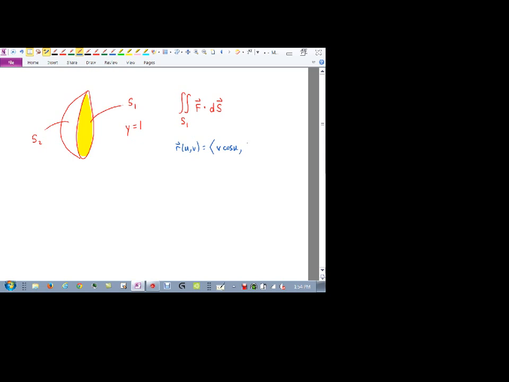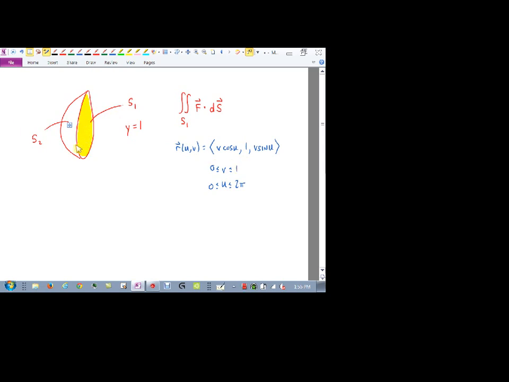How far is it? 1. And then v sine u. What's u between? Zero to 2 pi on u, and v is 0 to 1, right? Does everyone agree that that parametric surface right here draws that disk, which is S1?